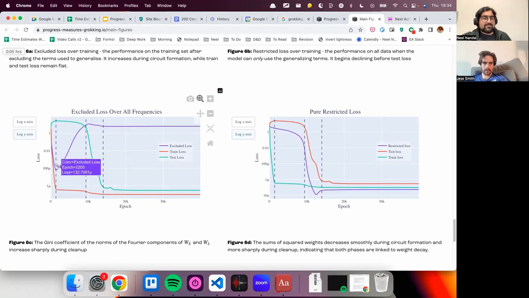But then over the course of the circuit formation phase, it dramatically diverges, even as the train loss remains the same and goes down slightly. And then by the time cleanup happens, it doesn't really change that much because generalization has just become so important. And yeah, I think we should probably wrap things up there.